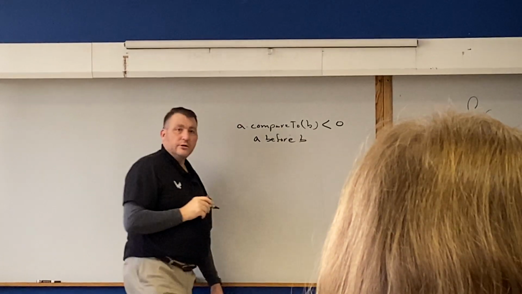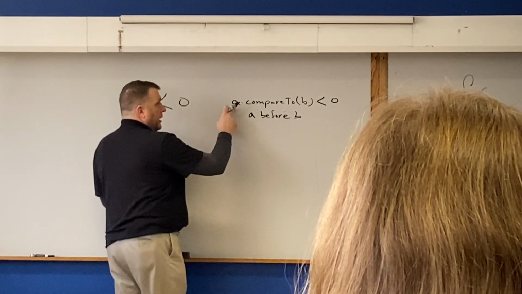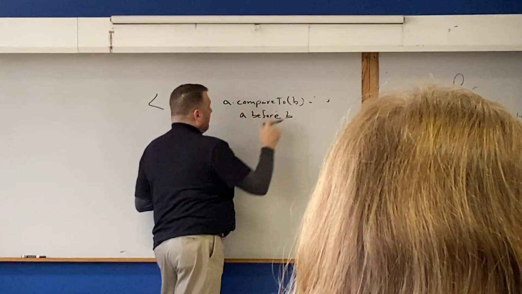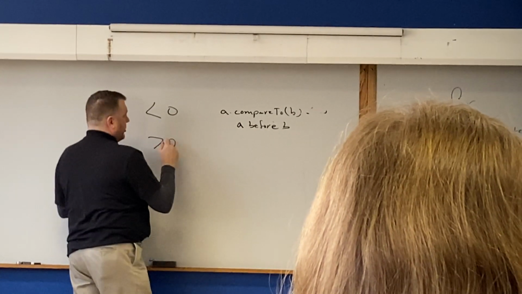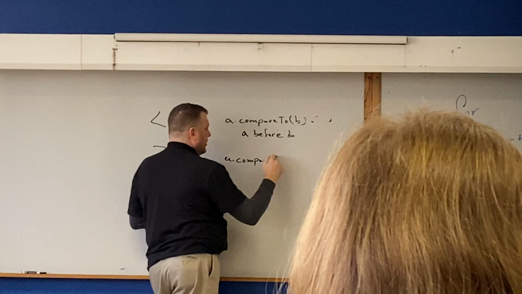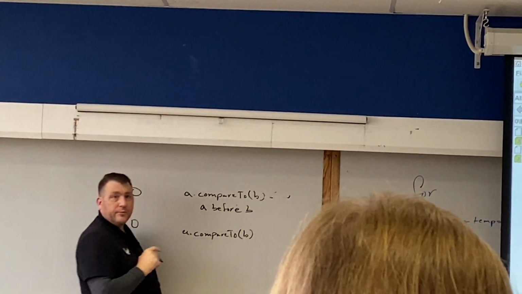A value less than 0 guarantees that this one comes before the one inside the parentheses, okay? A value greater than 0 says that this one comes after the one inside the parentheses, okay?